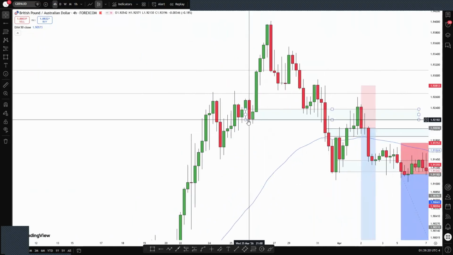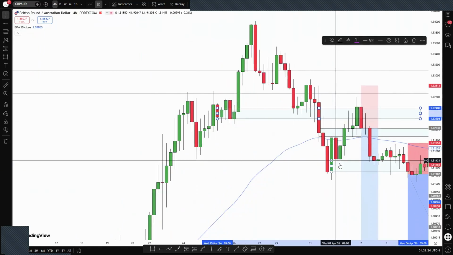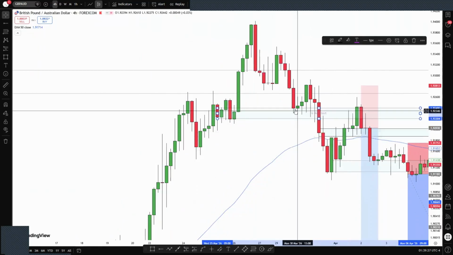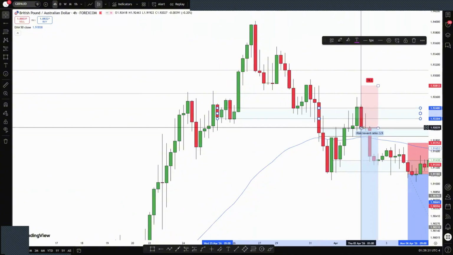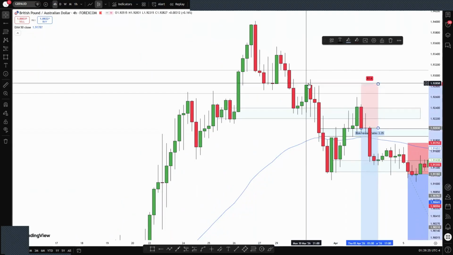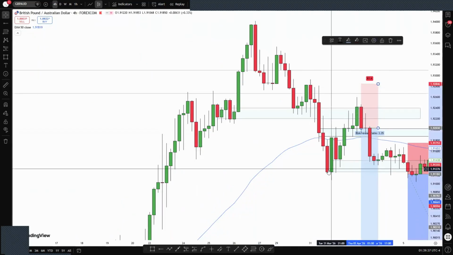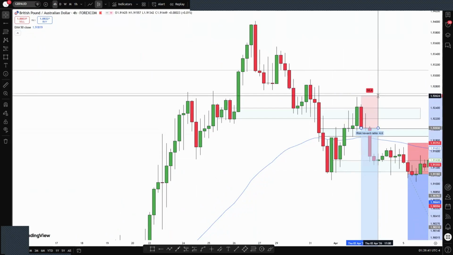Once price shifted here, you can see the distance, I had to wait for price to come all the way back to this level. Then I entered my sell, and my stop loss was above this lower high, and this was my lower low. So you see, I didn't put my stop loss right below here.